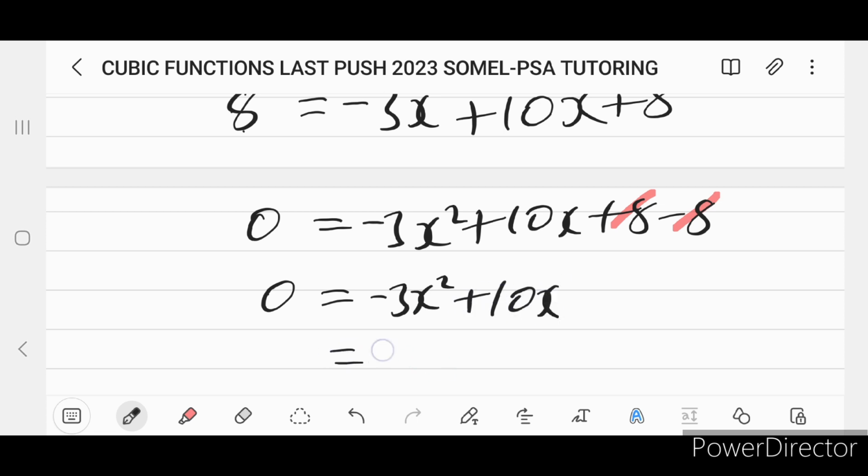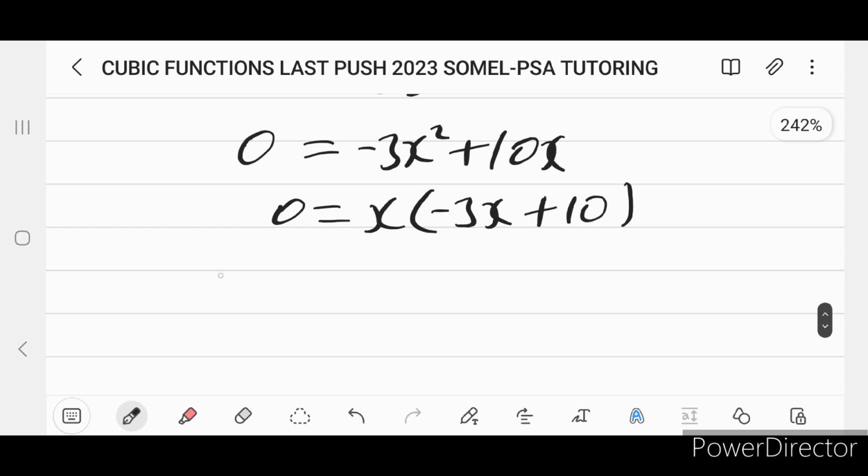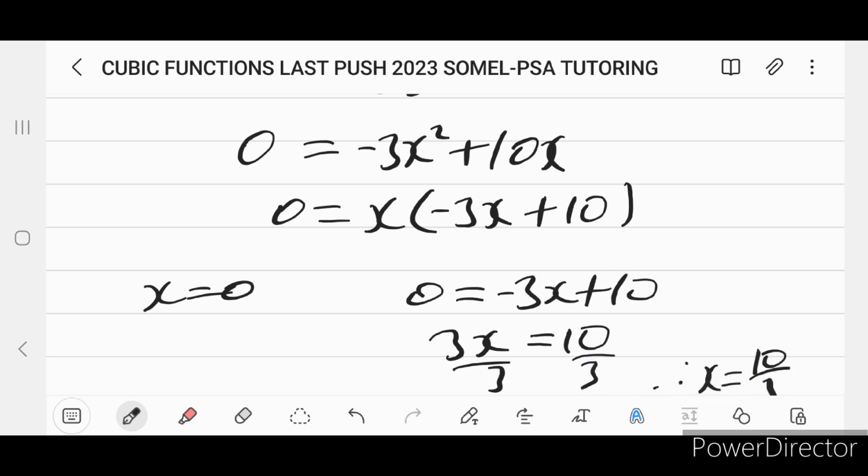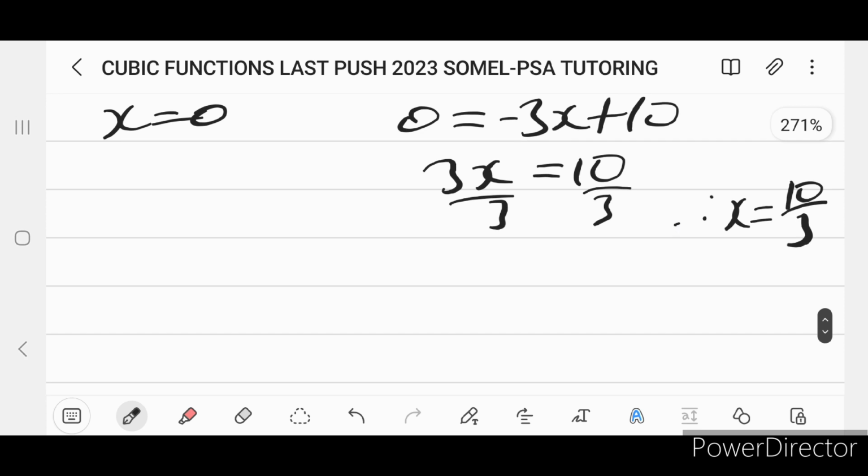Therefore, I solve. X as a common factor, negative 3x plus 10, equals 0. So the first x value is 0, and for the second, 0 equals negative 3x plus 10. So this comes up, divide by 3 on both sides, therefore x equals 10 over 3. So there are 2 points where the gradient is 8.